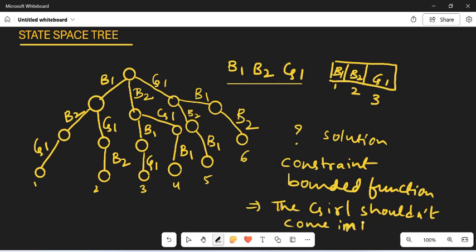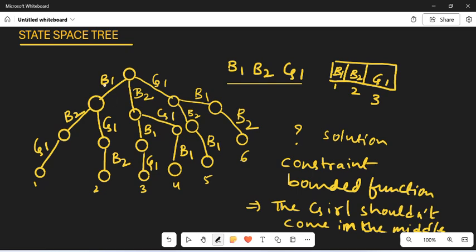The girl should not come in the middle, right. Coming in the middle means the girl should not be between two boys. If any possibility satisfies this constraint, then that is the solution.